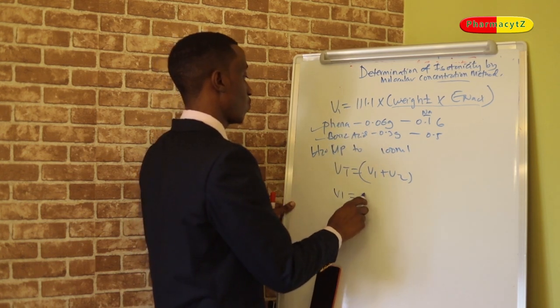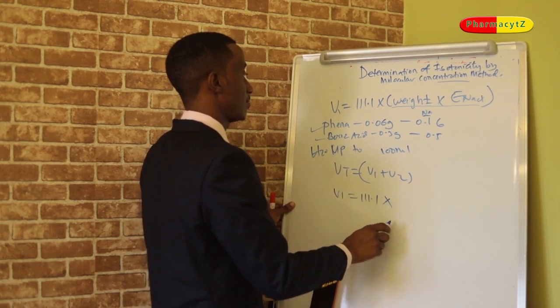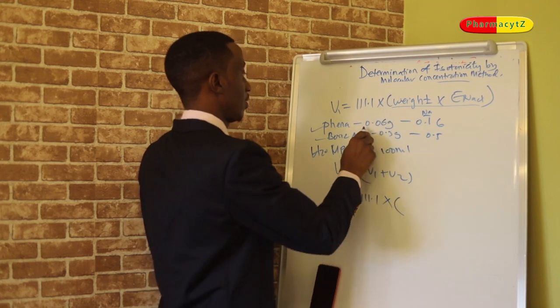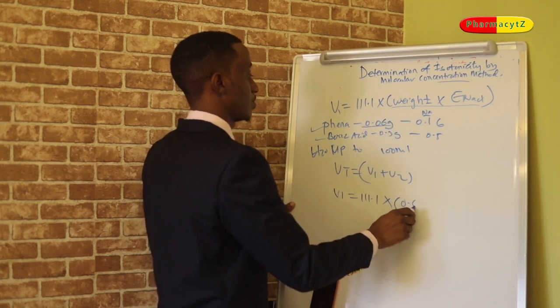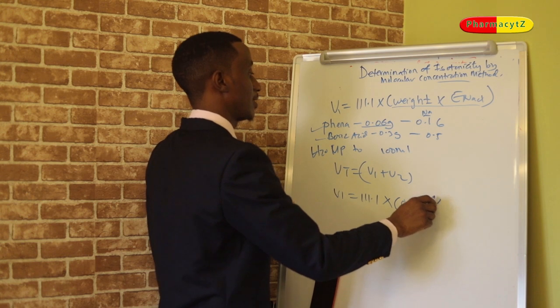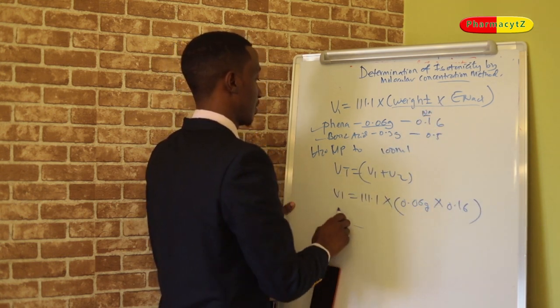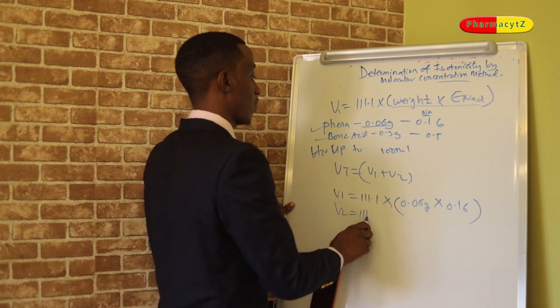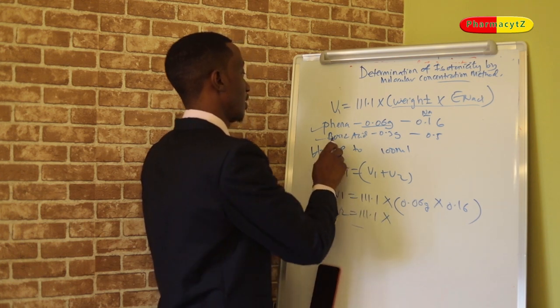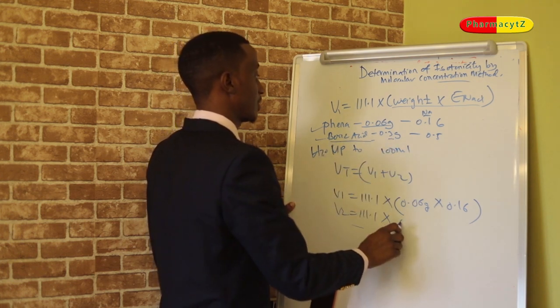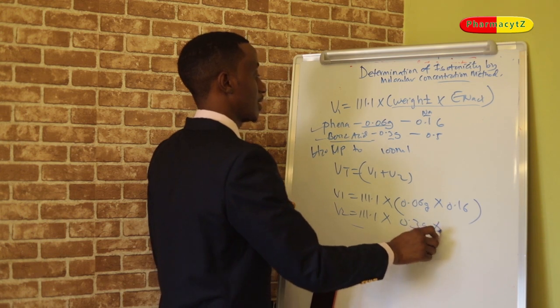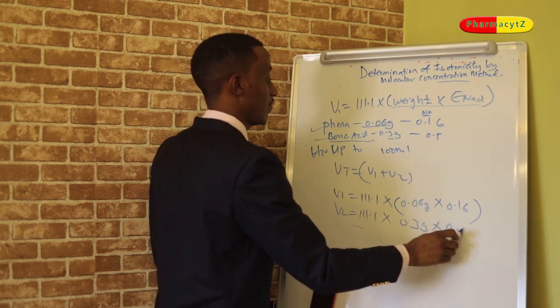V1 is equal to 111.1 times the weight, that is 0.06 grams of phenacaine, times its equivalent 0.16. Then V2 is 111.1 times the weight of boric acid, 0.3, times its equivalent, 0.5.